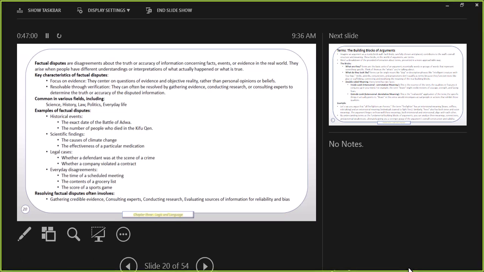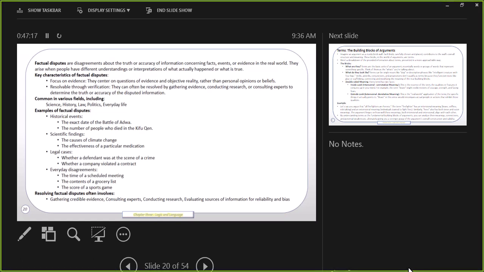Key characteristics of factual disputes: they focus on evidence. They are resolvable through verification or observation. They can often be resolved by gathering evidence, conducting research, and consulting experts to determine the truth or accuracy of the disputed information, common in various fields such as history, law, politics, everyday life, science.